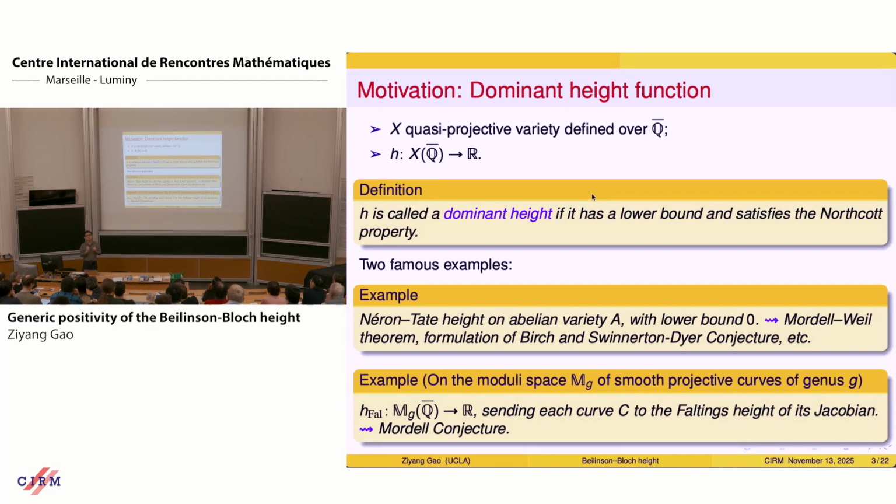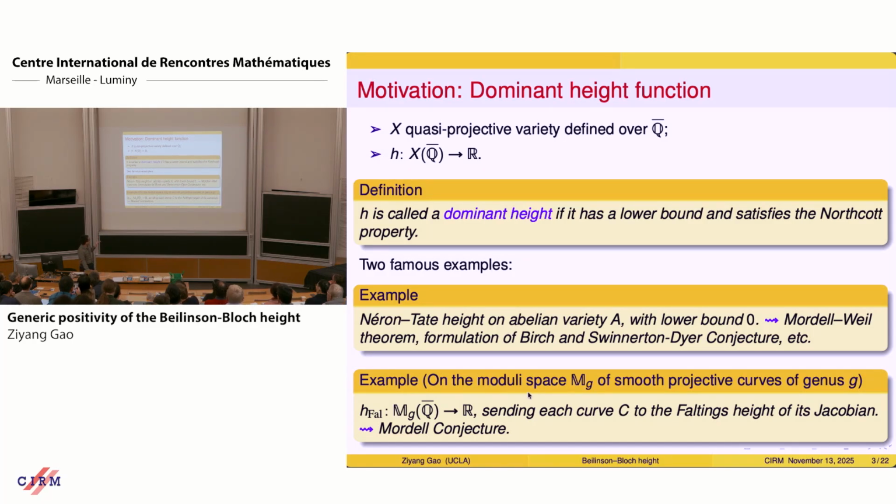And we know that the points of height 0 are precisely the torsion points. This height function is used in the proof of the Mordell-Weil theorem, or rather the idea of this height being quadratic is used in the Mordell-Weil theorem for high-dimensional abelian varieties. And in some formulations of the BSD conjecture, this height also appears. So it's very important, especially for the formulation of the BSD conjecture, to have this normalized one.